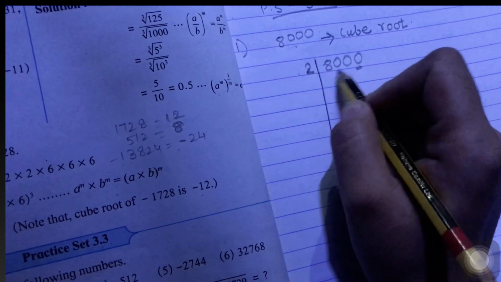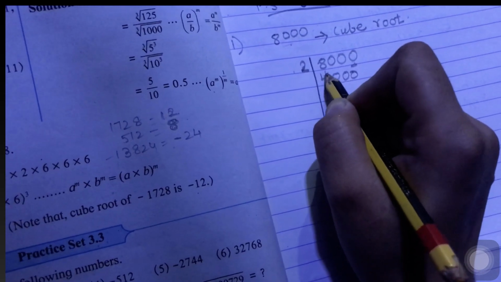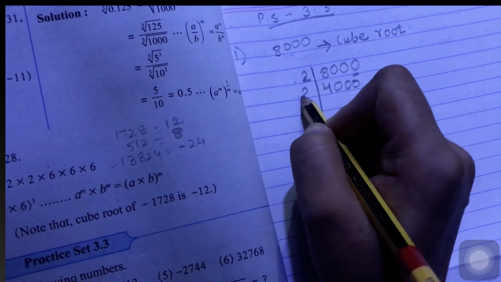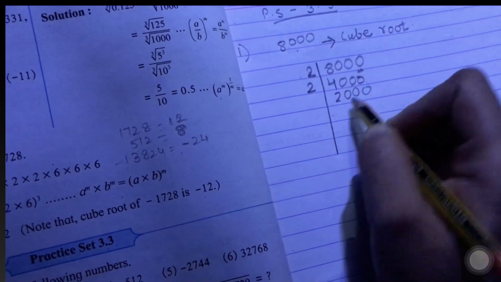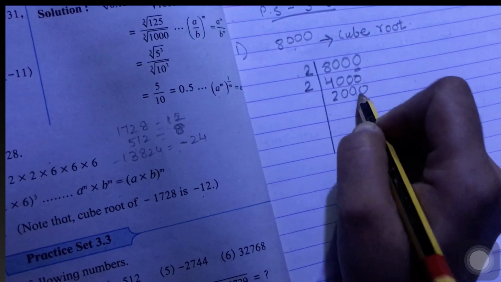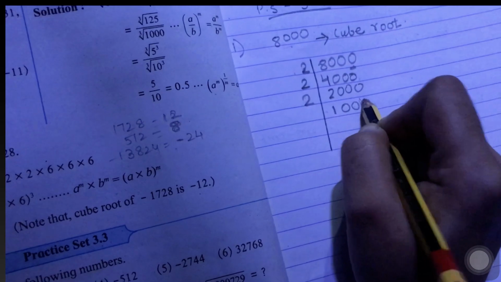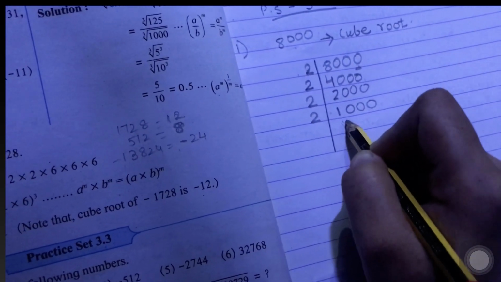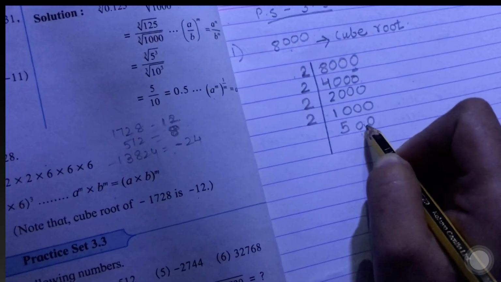In 2, this 8000 comes as 4000. Again it will go in the table of 2, so 2 2s are 4, 0 0. Again it is in the table of 2, 2 1s are 2, 0 0. Again the table of 2, so 2 here 0 0, and this is 5, that is 500.